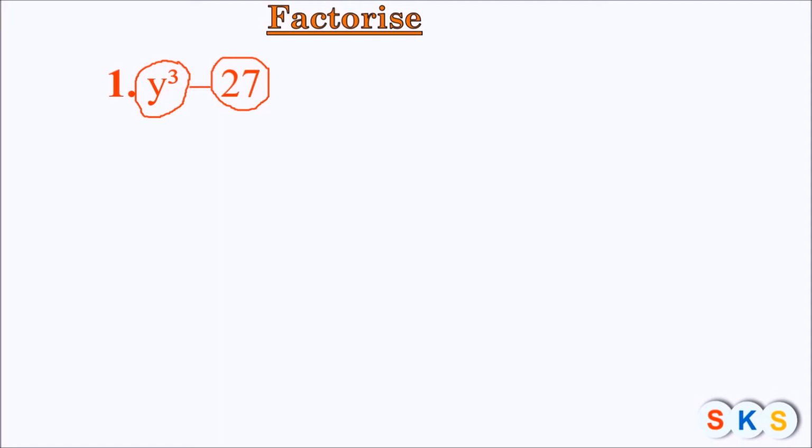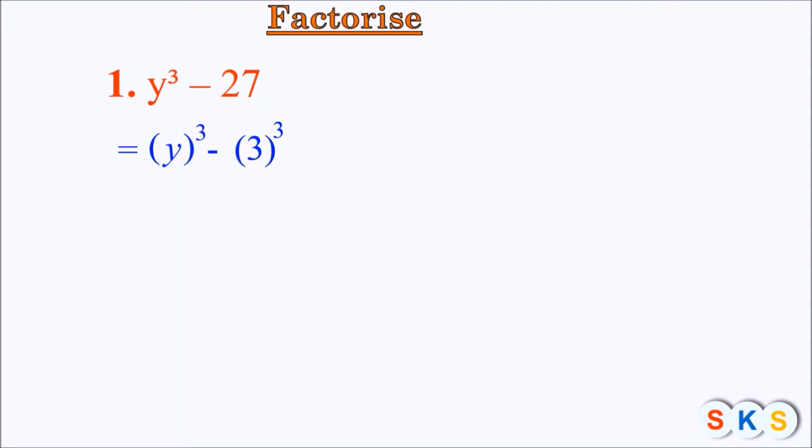So we will write first both the term as perfect cube. So equal to y the whole cube, and 27 you can write as 3 the whole cube. Now your question is converted in the form of a cube minus b cube.